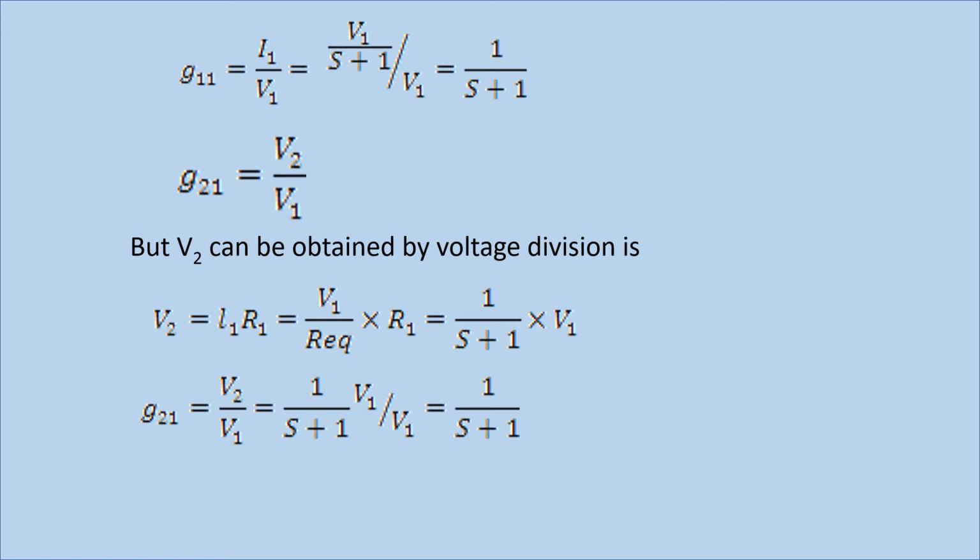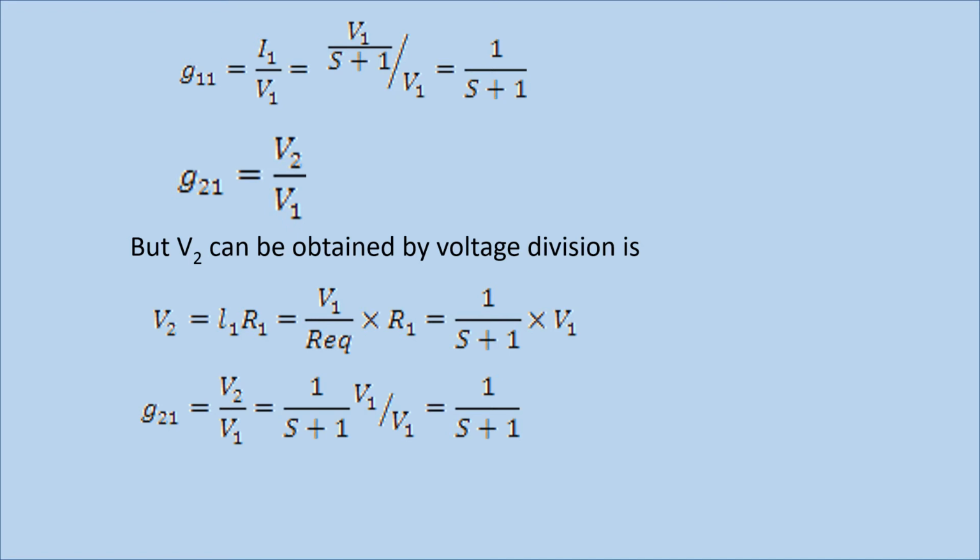And our G11, which is our open circuit input admittance, is equal to I1 over V1, that is input current over input voltage. We already calculated our I1 to be V1 over S plus 1 in slide 14.